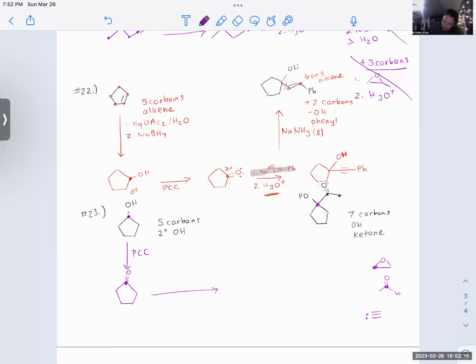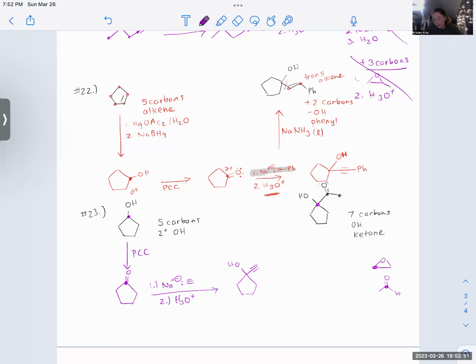So we're actually going to react this with just a 2 carbon acetylide, so it's just that, and then protonating it. That's going to add the 2 carbons that we need. So let's redraw this. That's going to reprotonate this, and we're going to end up with this thing at the end.